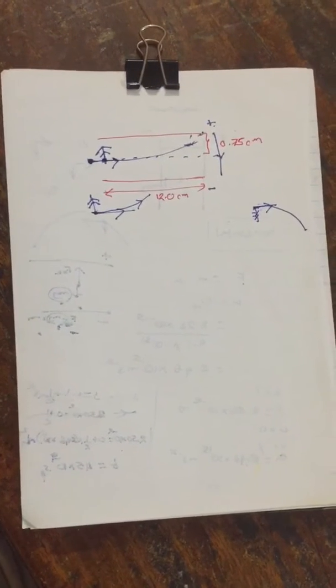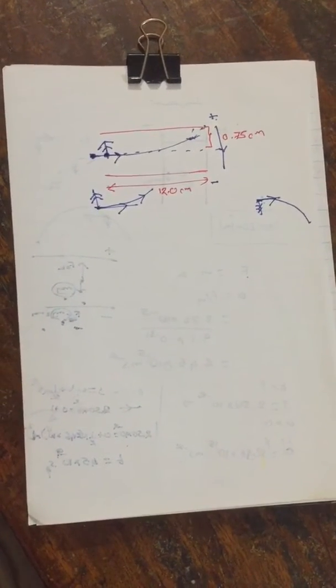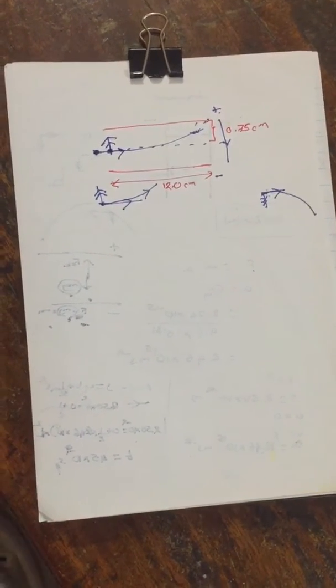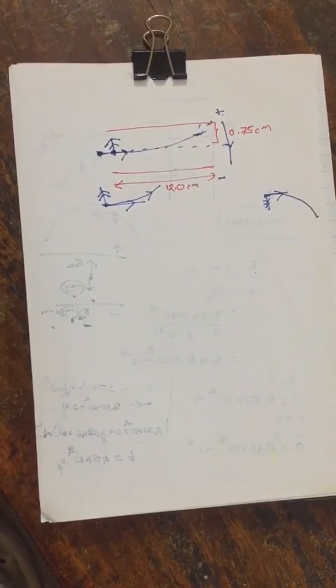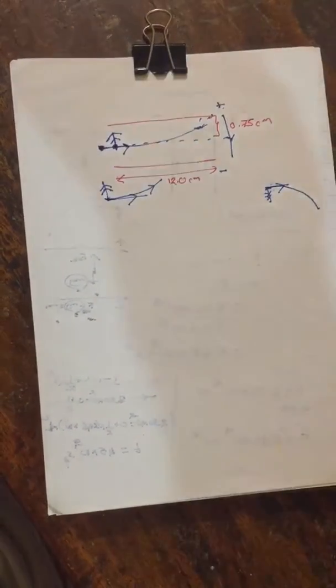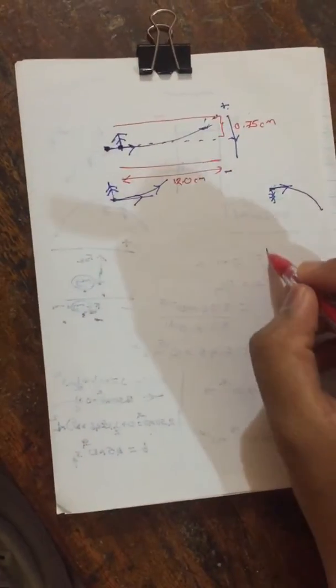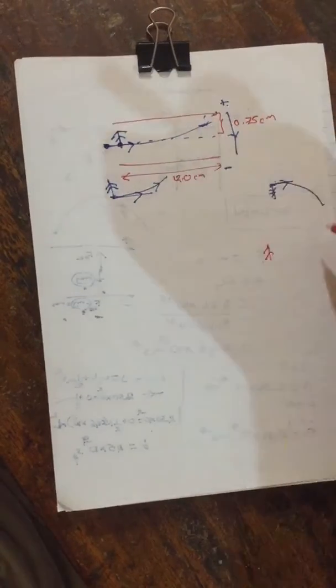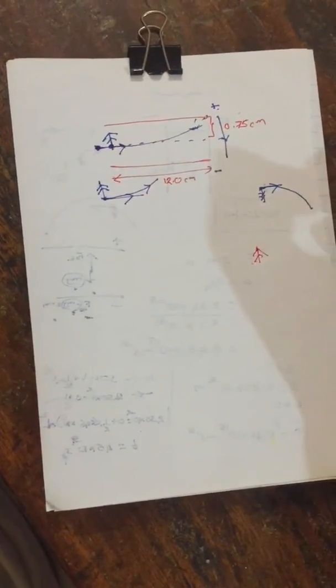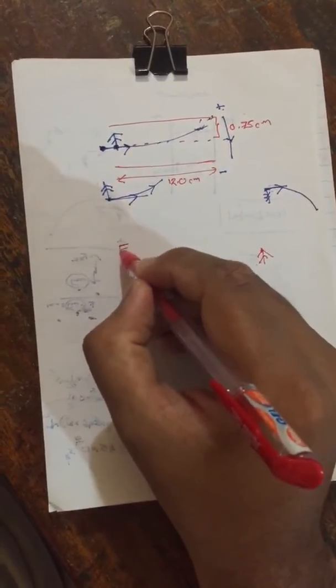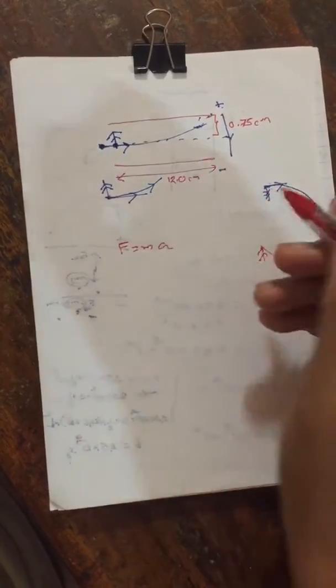So if we look at question C, they're asking you to calculate the magnitude of its acceleration and its direction. The direction is going to be upward because the field is downward and the electron is negative. To find the magnitude, you have to use F is equal to ma.